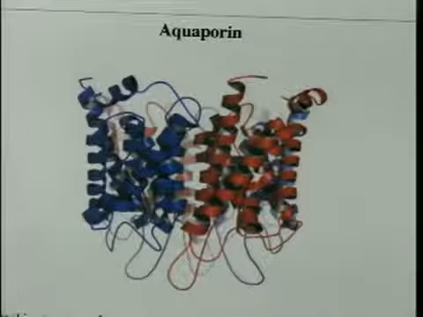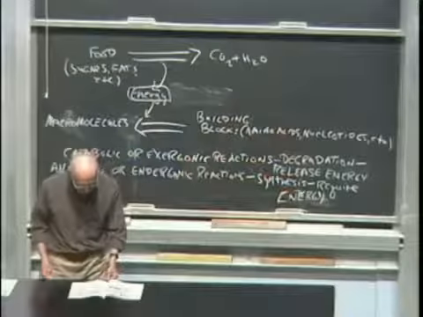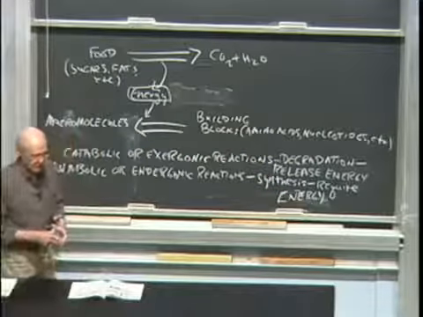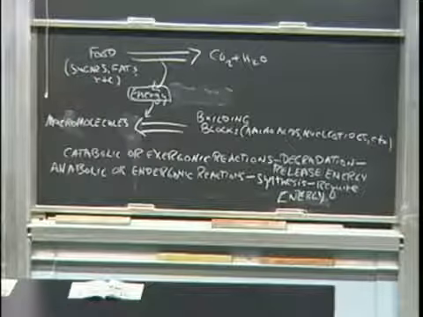And finally, the other types of transport proteins are those that are involved in active transport. The unique feature of these is they can move molecules against the thermodynamic gradient.